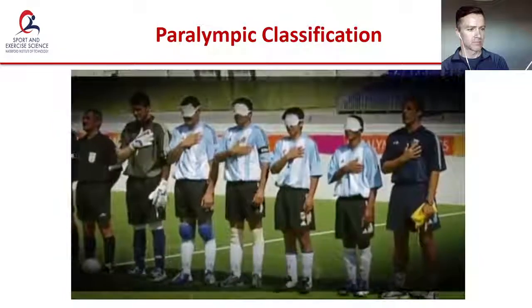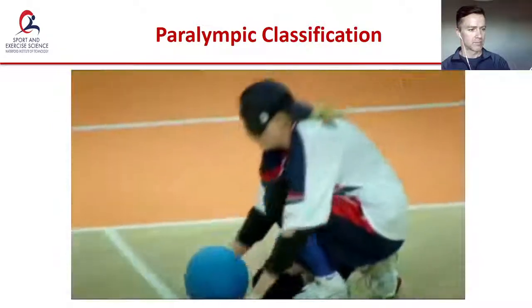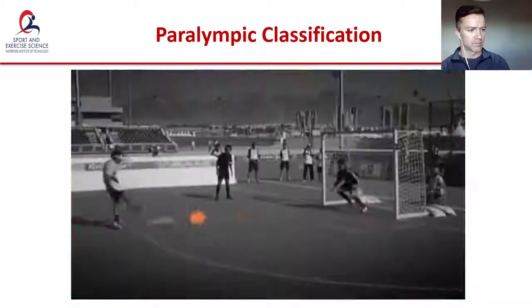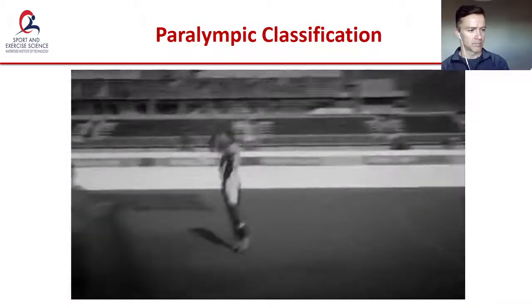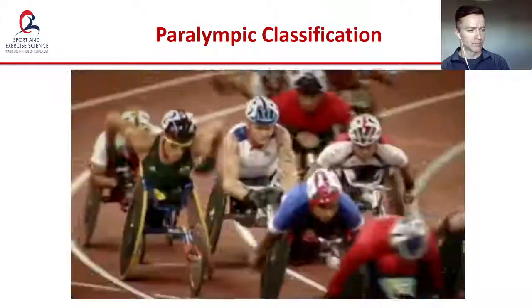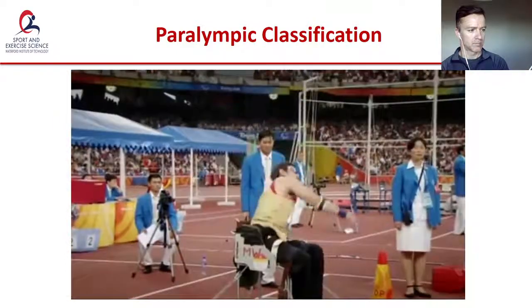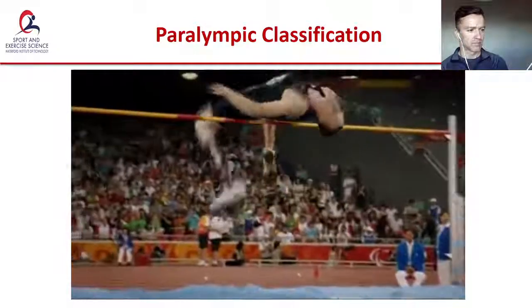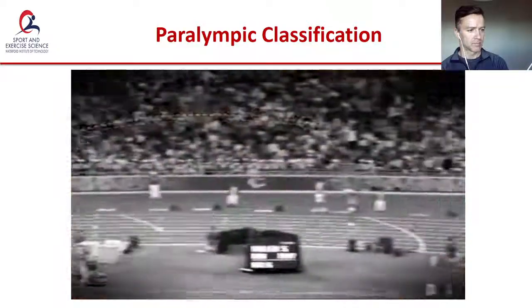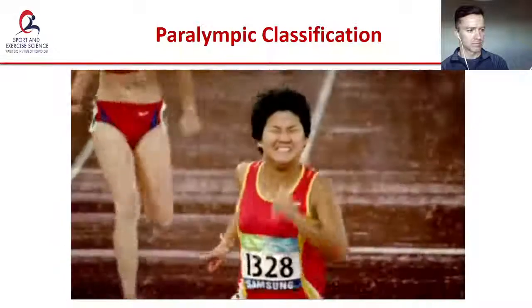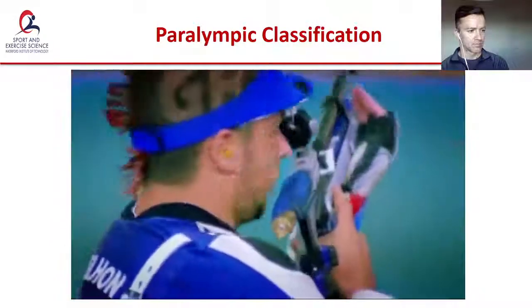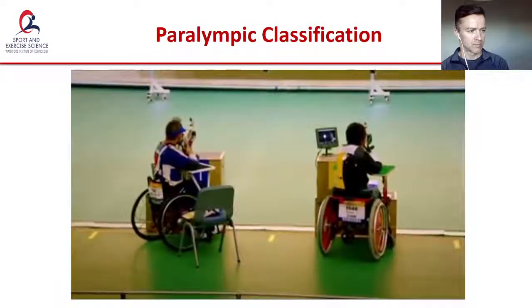Other sports feature fewer types of impairment. For example, only athletes with a visual impairment take part in judo and five-a-side football at the Games. Athletics has the most classes due to the number of different running, jumping and throwing events, and the wide variety of athletes that can compete in the sport. In contrast, shooting only has 2 classes.